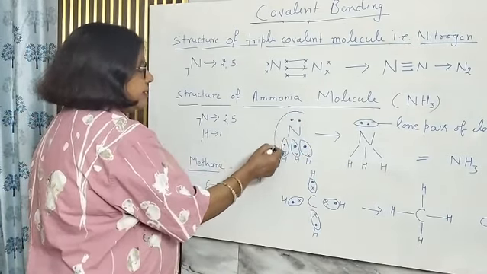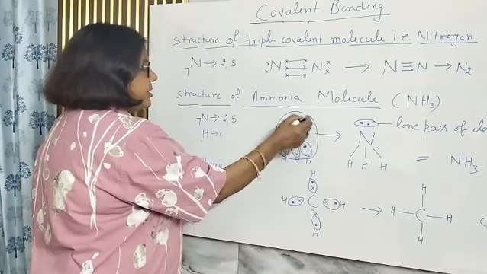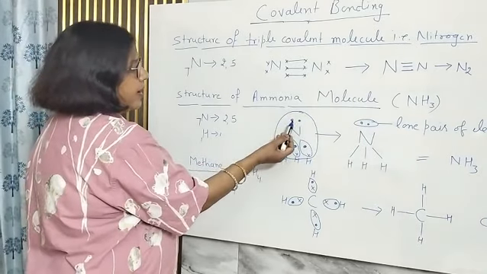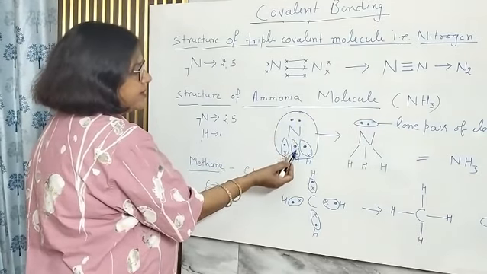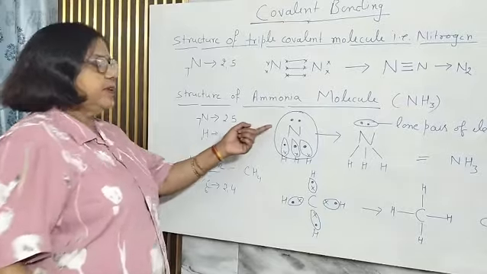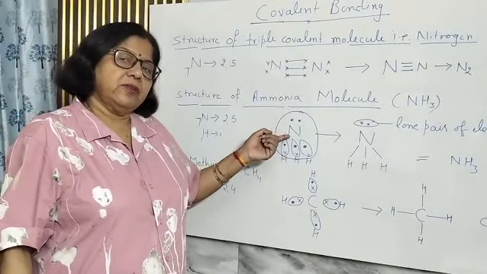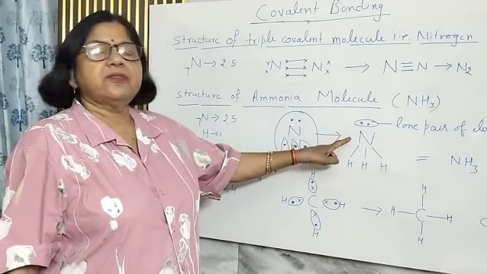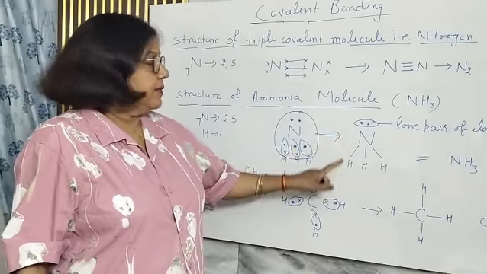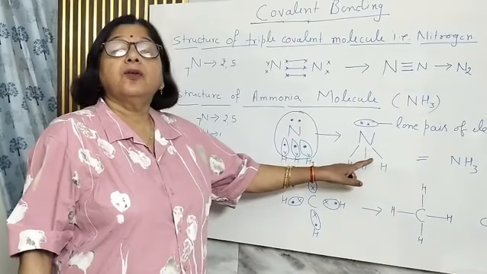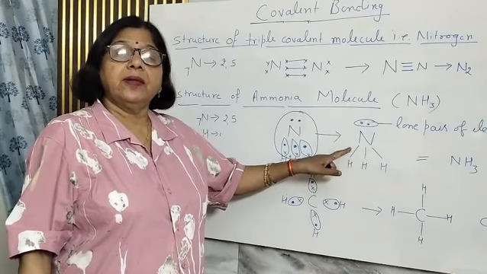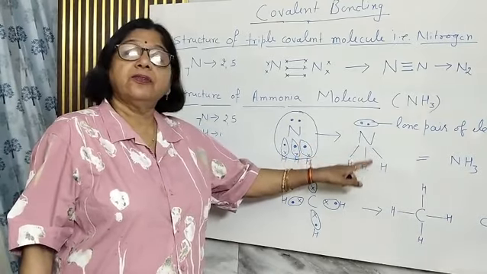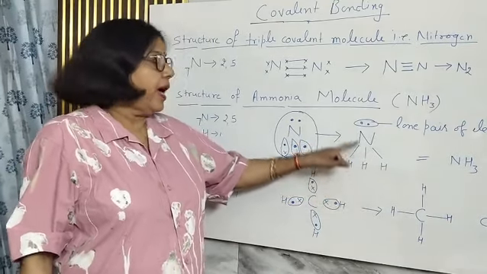Then if I encircle this with another circle, in this circle we can count the 8 electrons: 1, 2, 3, 4, 5, 6, 7 and 8. That means the octet of nitrogen is also completed. So here is the structure of ammonia, right? The straight line shows the covalent bond. The 3 covalent bonds are there between nitrogen and the 3 hydrogen atoms, right?